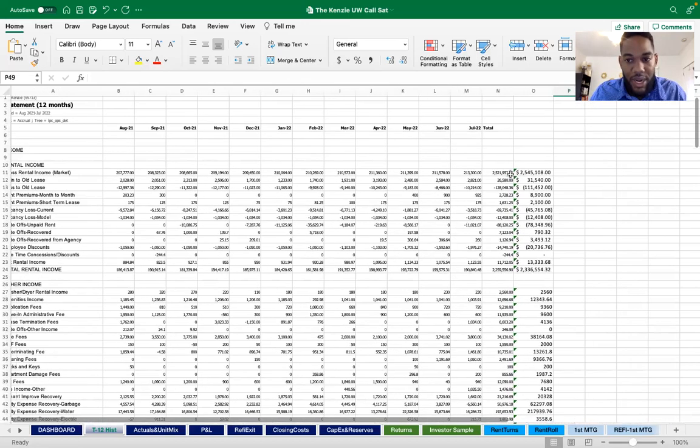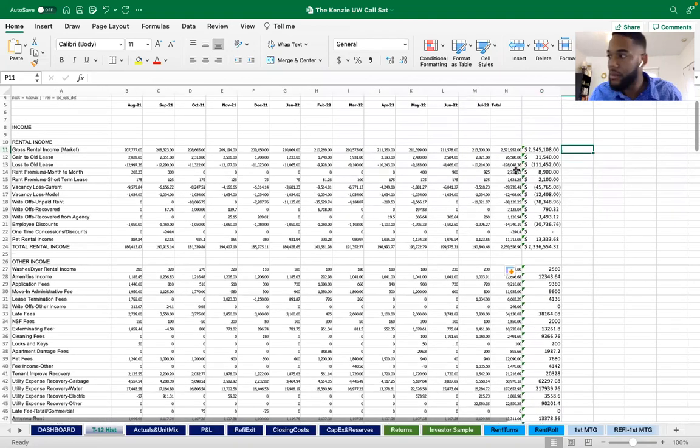And the gross potential rent is this top line item right here. So that would basically be all of the rents on the property based on the market rent. So if the market rent was $850, we would just multiply that by the number of units on the property, and that would give us our gross potential rent. Okay.